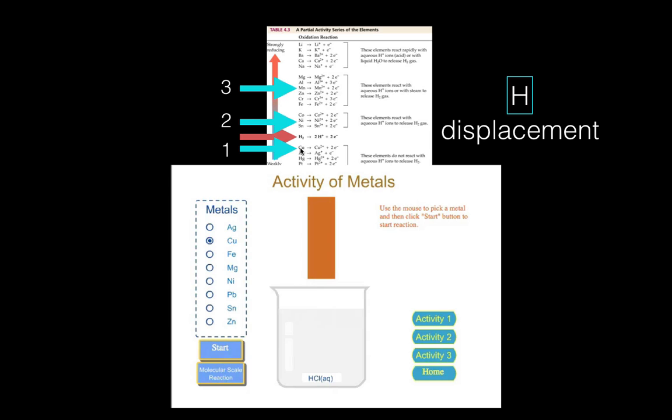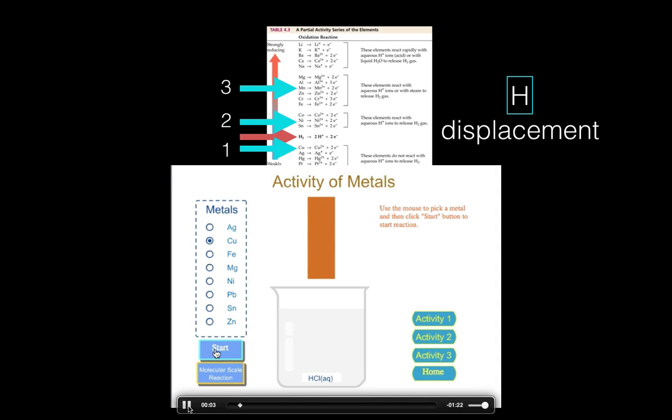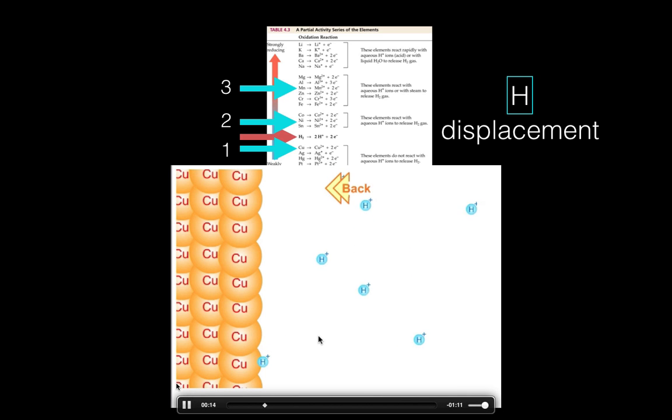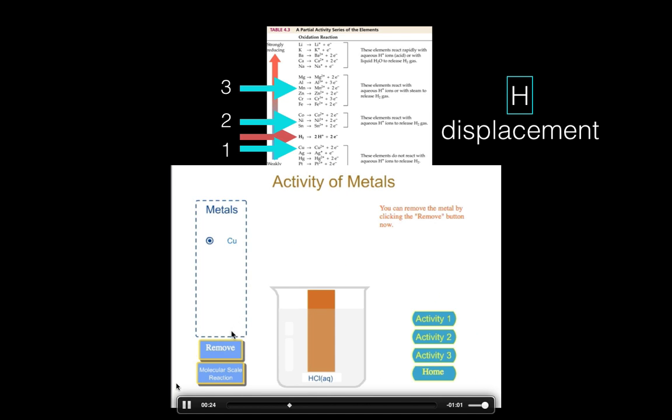Copper is at the bottom, so it's less reactive than hydrogen, so that means we're not going to have a reaction, right? Because look, copper is below hydrogen, and as you can see here, no reaction occurs. Nothing is happening. These hydrogen ions are colliding with the copper piece of metal, but nothing's happening. Copper is not as reactive.